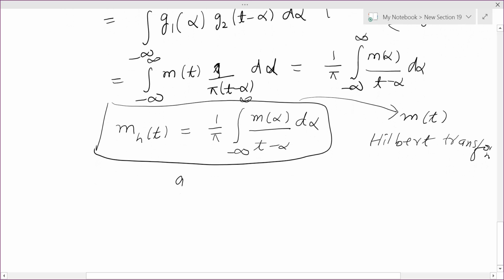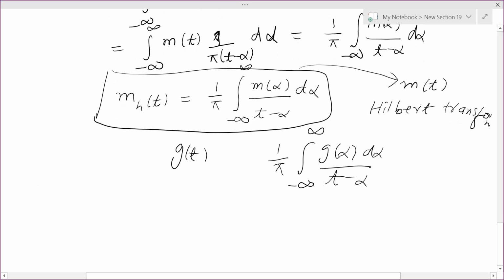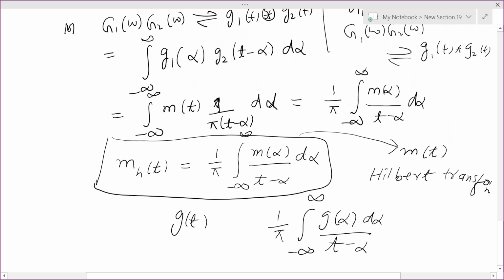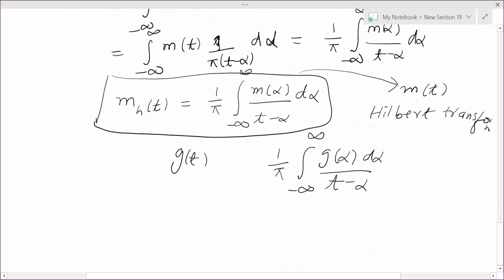So if you have any function g of t and someone tells you to find its Hilbert transform, what will you do? 1 over pi integral from minus infinity of g of alpha d alpha divided by t minus alpha. This is the Hilbert transform. And what is its significance? That we can get from the Fourier transform of the Hilbert transform, m_h of t.